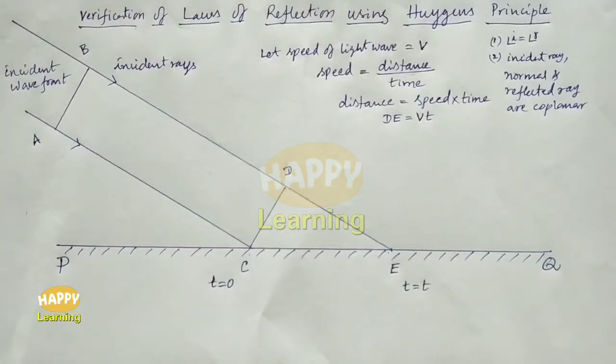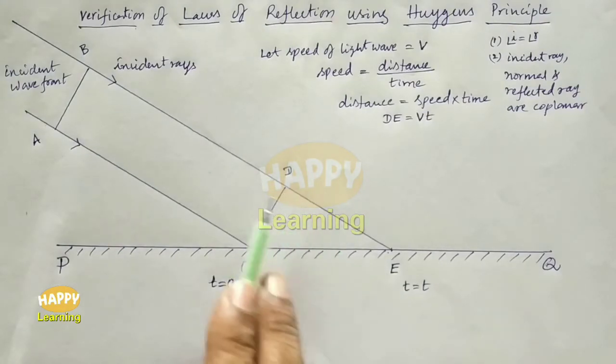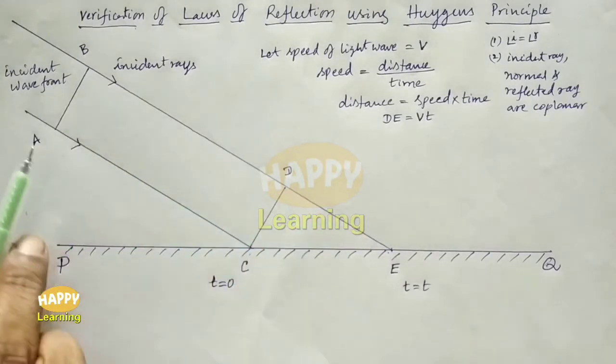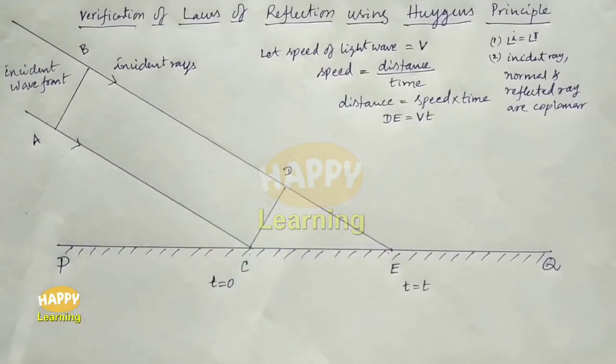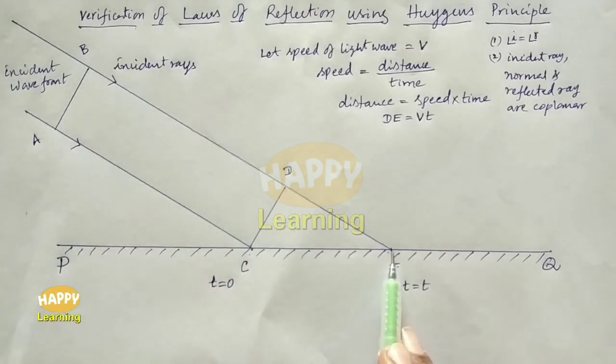So this distance D to E is Vt. Here these two rays AC and BD touch this reflecting surface PQ at two different times. AC touches PQ at time t equal to 0, and the BD ray touches the PQ surface at time t.